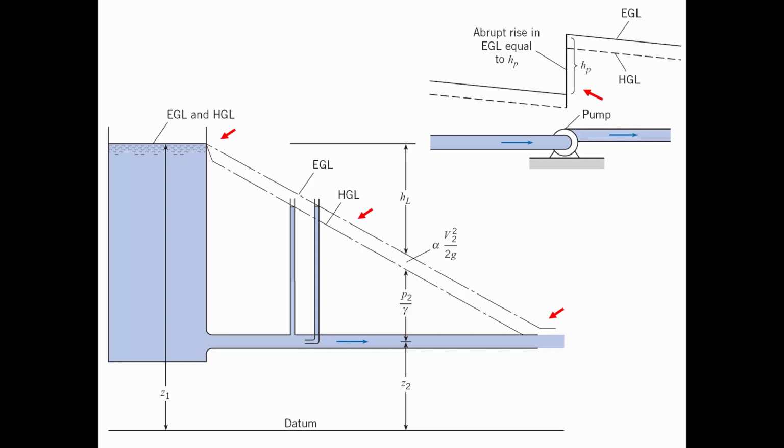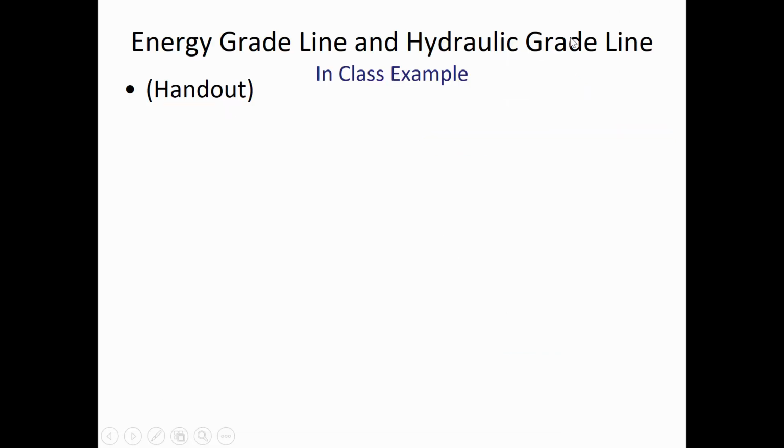You can't have water slowing down in a pipe because then it would be piling up. And so you have to have the same velocity everywhere in the pipe. And so the only way that the energy can be decreasing is in the form of pressure. So pressure is decreasing gradually as you flow through the pipe, but then it suddenly increases due to the pump.